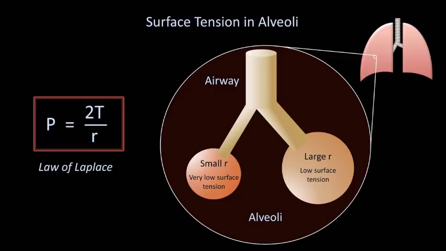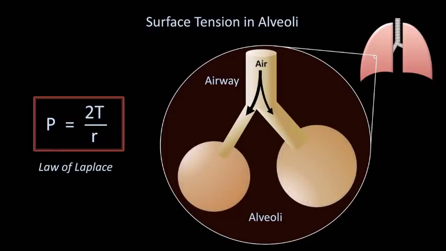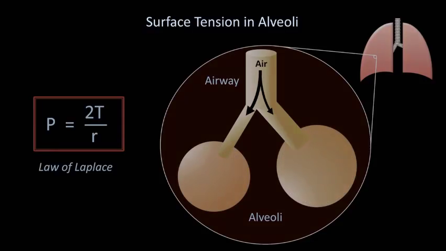The fact that the surface tension in the small alveolus is particularly low offsets the effect of the smaller radius. As a consequence, the resulting internal pressure is low within both alveoli. So when air comes into the airways, both alveoli are inflated, improving gas exchange.